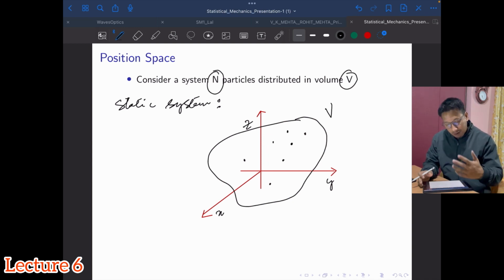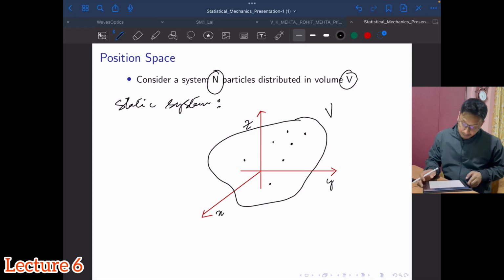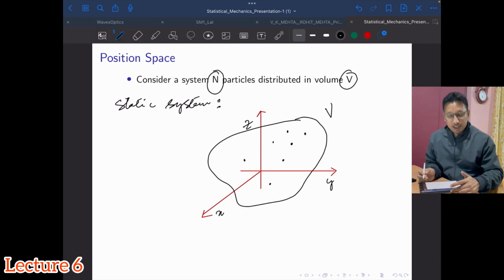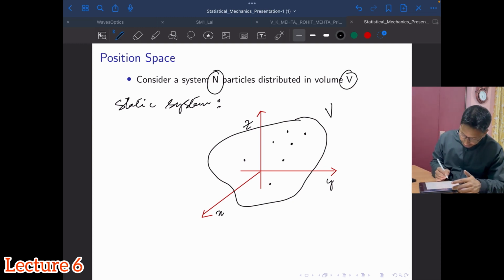Now consider the smallest volume element you can think of in this position space, which I can write as dv equal to dx, where dx is the smallest element along x, and similarly dy and dz.